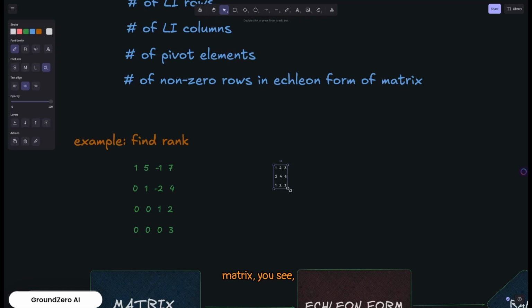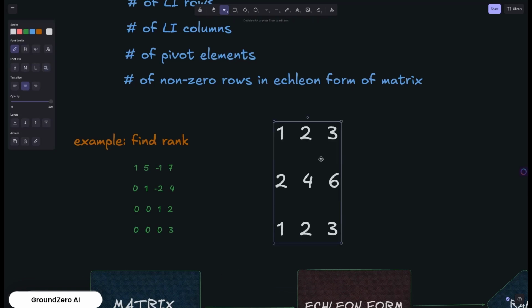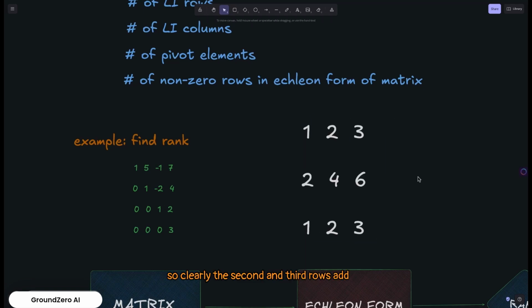So in this matrix, clearly the second and third rows add no new information. This is a multiple of the other, of the first basically. So Echelon form reveals that there is just one pivot. So you have just one linearly independent row. So you can just say that rank is nothing but 1 here.